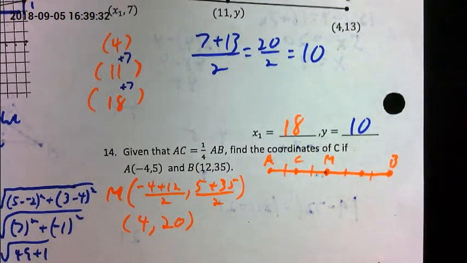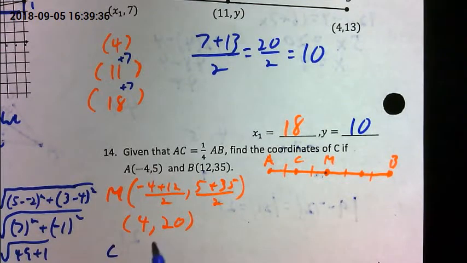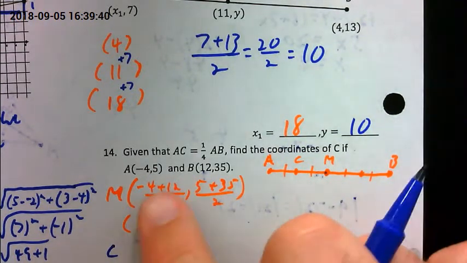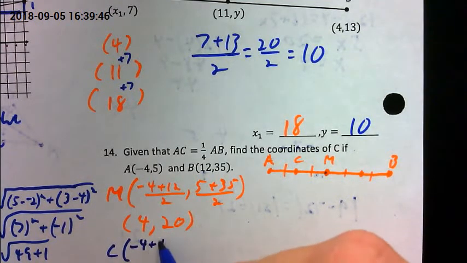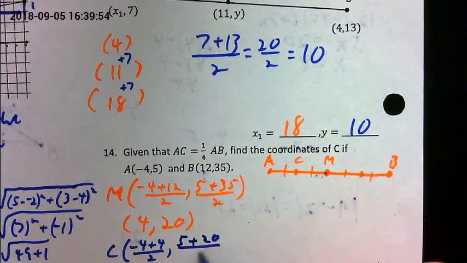So doing this over again, looking for C, I'm using the coordinates of M, which is 4, 20, and A, which is -4, 5. So -4 plus 4 divided by 2, and then 5 plus 20 divided by 2.